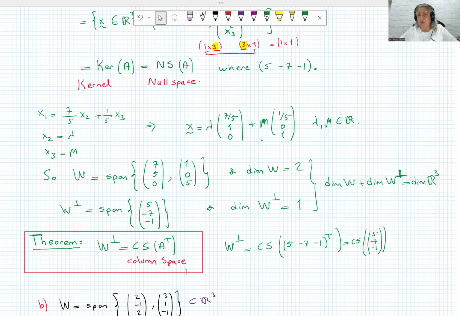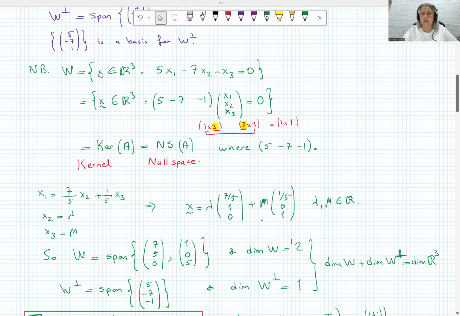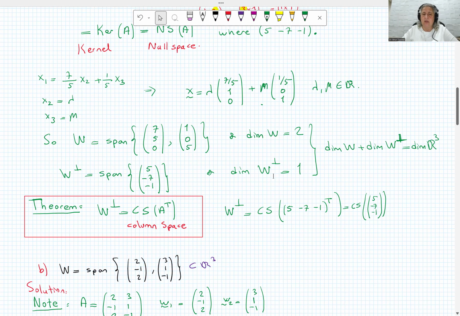It will be very useful to know this. The first one is coming from the definition, it is straightforward. That's not a theorem. But this one is a theorem.